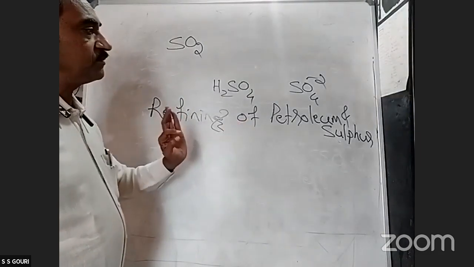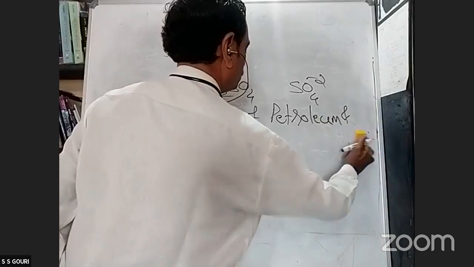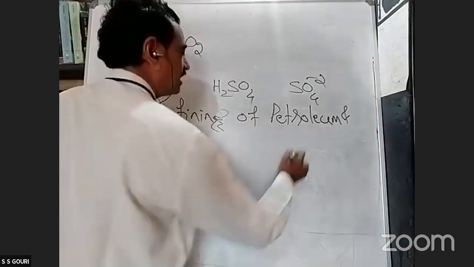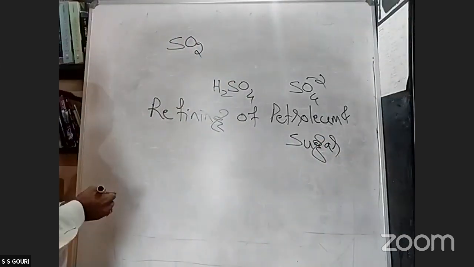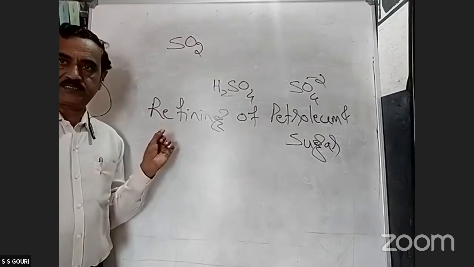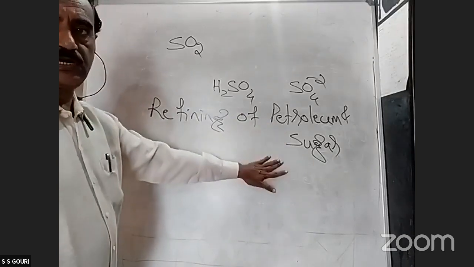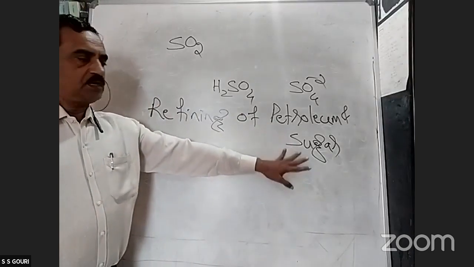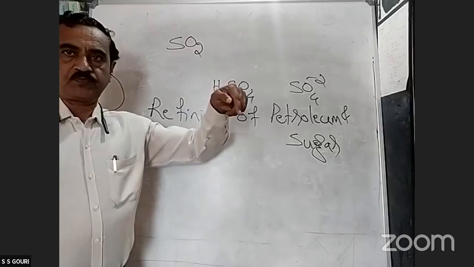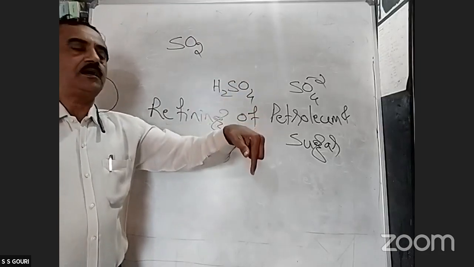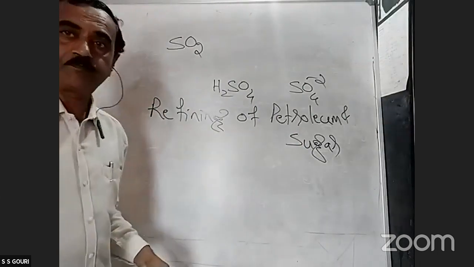So here, refining of petroleum and sugar. What type of impurities are removed using SO2? The basic impurities. If any basic impurities are present along with petroleum and sugar, we pass SO2 gas through the solution.